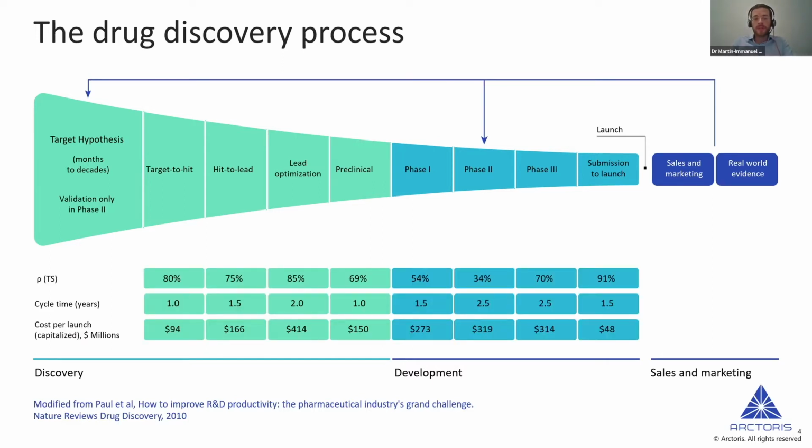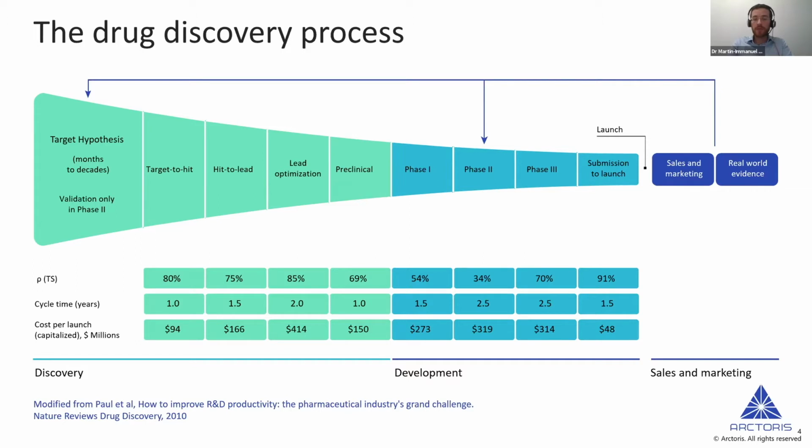But before that, let's look at some numbers regarding those various stages. I don't want to go into too much detail, but it is very important to note that each of these stages is really expensive. It takes a lot of money to take compounds and chemical matter through these various stages.